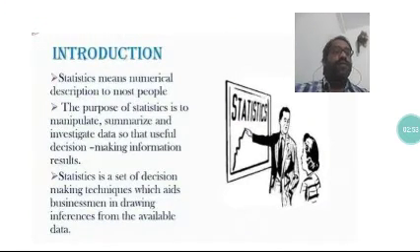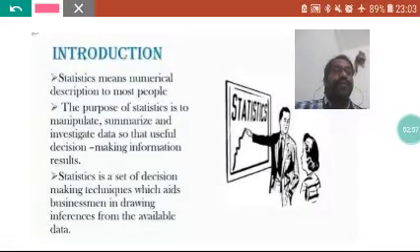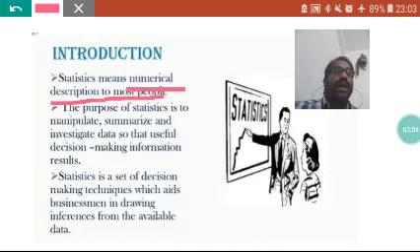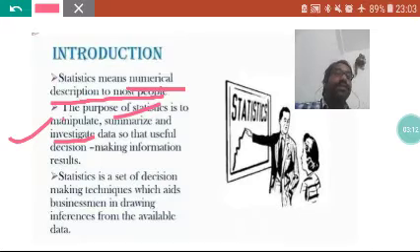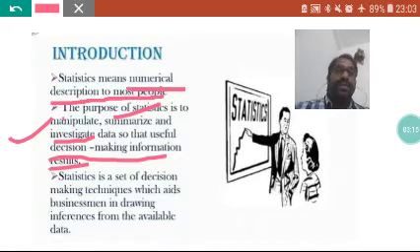The introduction is that it is the numerical description of most people, and its purpose is to manipulate, summarize, and investigate so that useful decision-making information can result. Clear? So this is the purpose of collection of data.